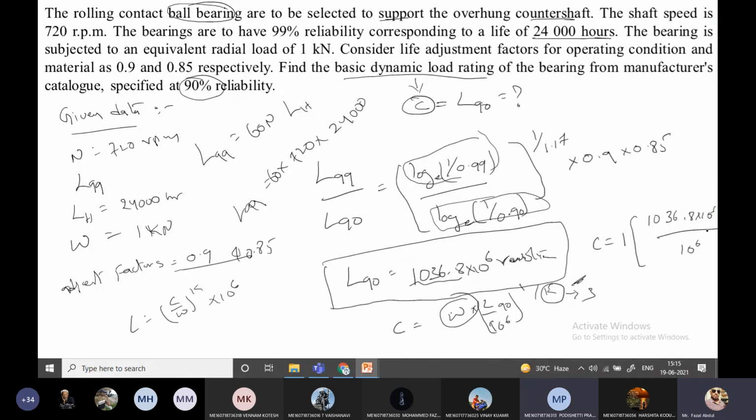Sir, that value is the L99 value, sir, 1036.8. Which one? This one? Yes, sir, the L99 value. Okay. Into 10 to the power of 6.